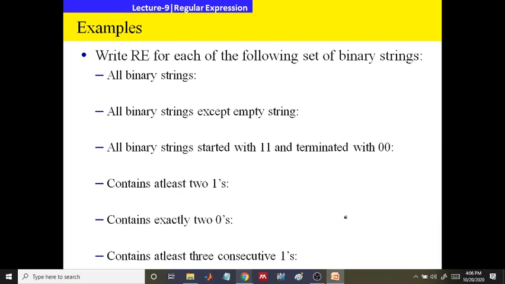Now let me go through some other examples. Write a regular expression for each of the following sets of binary strings. Binary strings means, what is the input alphabet? The input alphabet will be 0 and 1. Now, all binary strings means, can anybody tell me what should be the regular expression for this one? All binary strings.